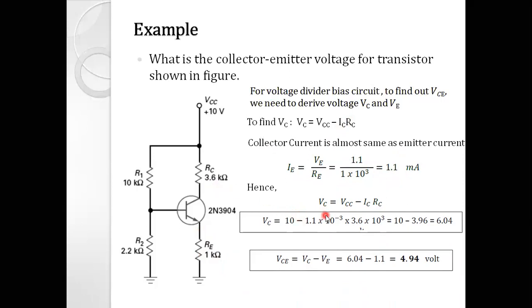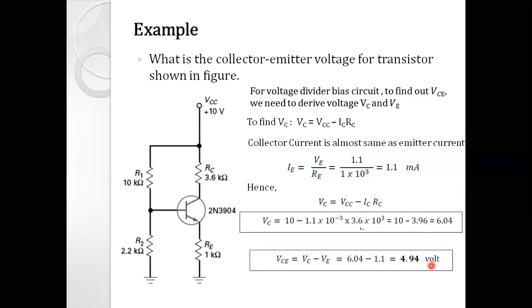So when we substitute all the values in this equation and solve for VC, we get VC equal to 6.04 volt. And when we substitute VC and VE from the previous slide into this equation, we get the voltage between collector and emitter terminal, which is 4.94 volt, and that is the answer of this example.